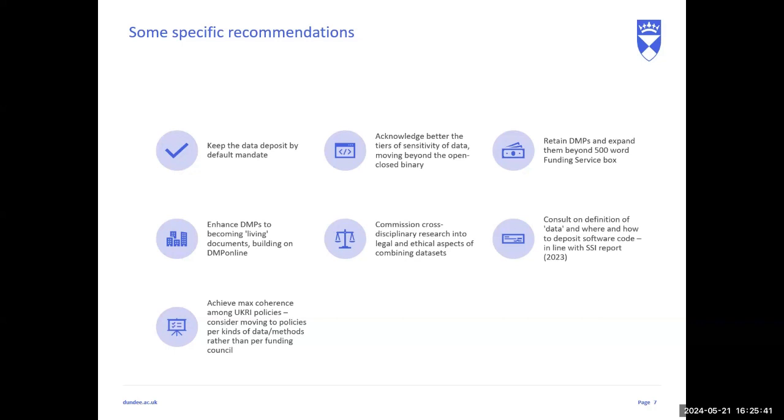So as part of that move, it was proposed that there would only be 500 words for data management planning in the context of the applications, and there was a huge amount of pushback against that move. So our recommendation was that data management plans should actually be retained as they are, and they should be longer, or at least the possibility of having one longer than 500 words was also key.